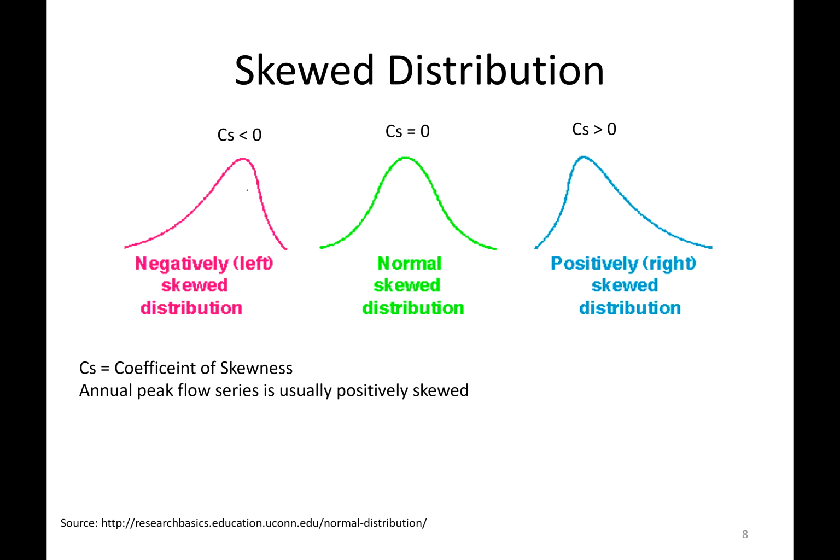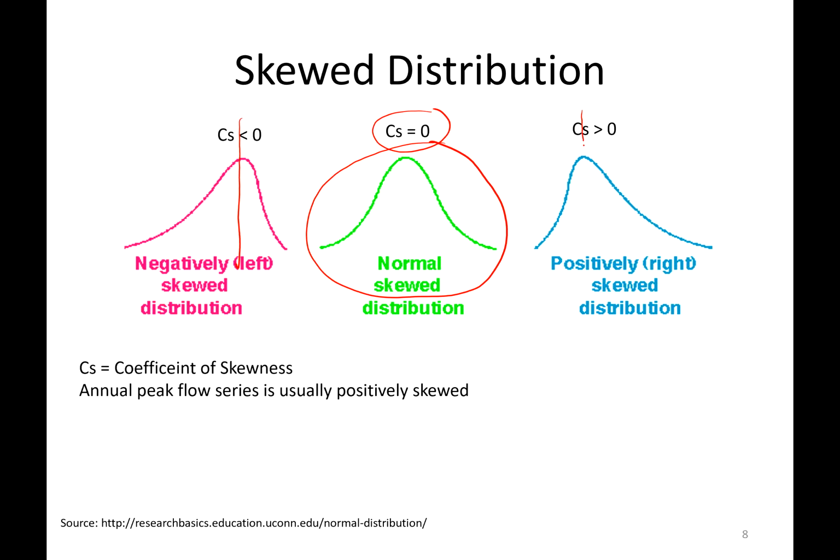I mentioned the coefficient of skewness in the previous slide. It basically describes how skewed your distribution is. A normal distribution is perfectly symmetric, so the coefficient of skewness is 0. When the distribution is negatively skewed, the peak is to the right.